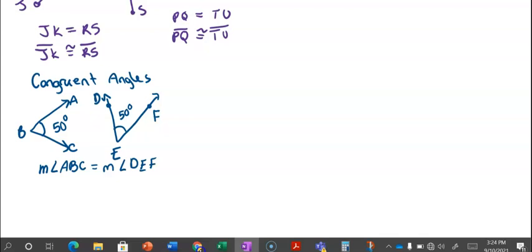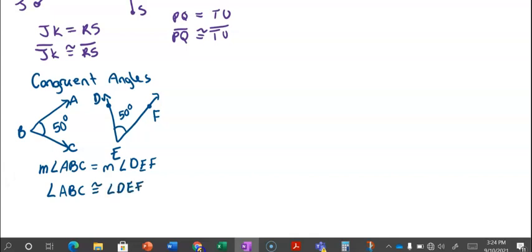And now with angles, if we want to use an equal sign between them, we have to put this M in front of the angle sign because M means measure. If we want to talk about them being congruent, we take off the M and we just say angle ABC is congruent to angle DEF.